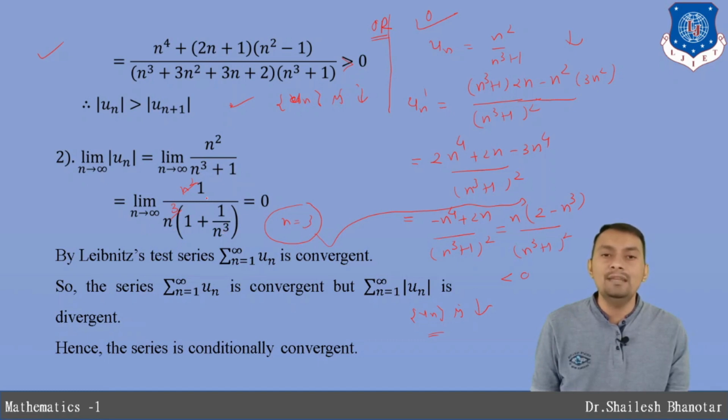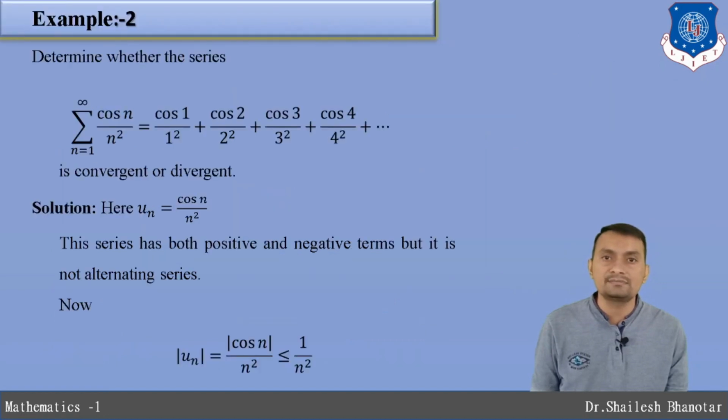When you take the limit, 1 divided by infinity is going to be 0, and therefore all the conditions of the Leibniz test are satisfied, and therefore the given series is convergent, and its absolute value series is divergent. Therefore we can say that the given series is conditionally convergent.